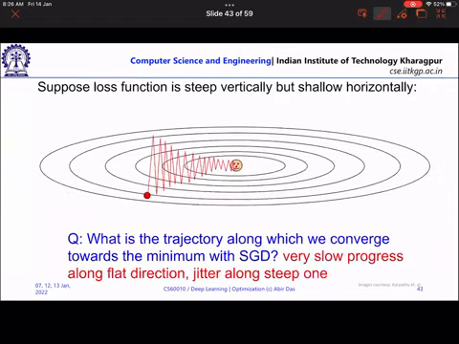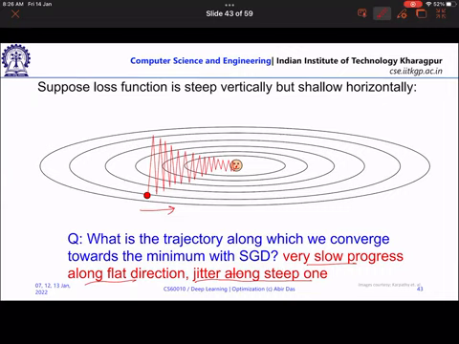Now, this is the jittery plot that I was showing: very slow progress along the flat direction and jitter along the steep one. In this direction, the elongated part, it will be very slow.